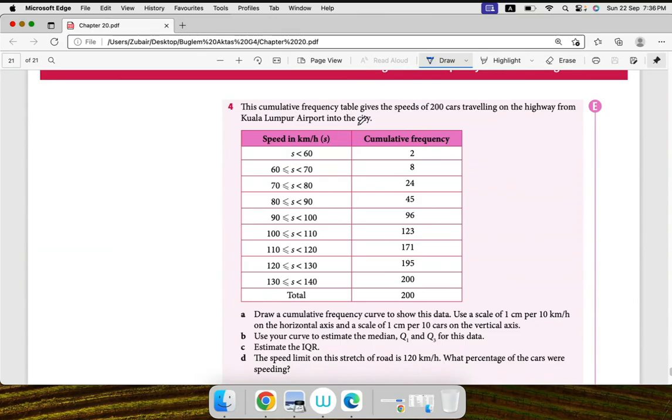This cumulative frequency table gives the speed of 200 cars traveling on the highway from Kuala Lumpur airport into the city. Less than 60 are 2, 60 to 78, and so on. Draw a cumulative frequency curve to show the data.